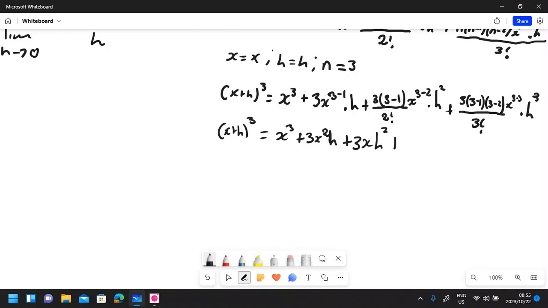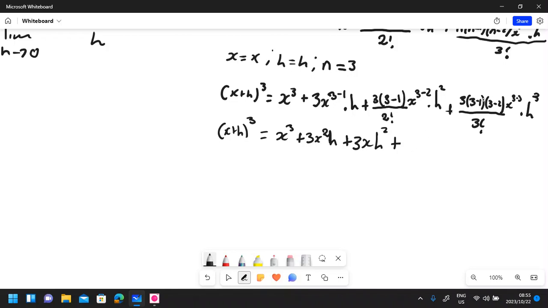Now we say plus. Now the last term, we also do the same thing there. This time around, you're going to multiply by 3, multiply by open bracket, 3 minus 1 close bracket, and then we have another one, 3 minus 2 close bracket, and divide by the factorial. This time around it is going to be 3 factorial. So what is the answer that you're going to get?